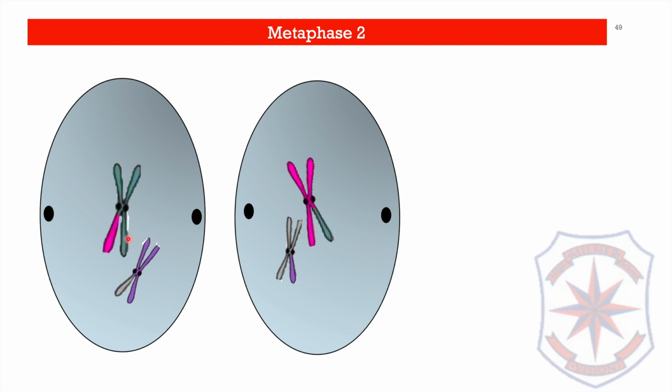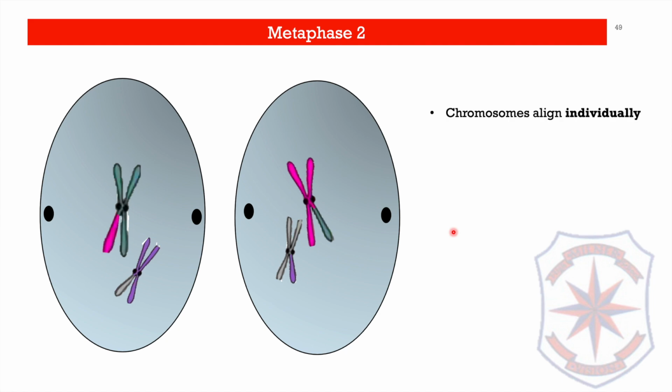As you can see, they are not in homologous pairs. There are different sizes in each cell, therefore they are not homologous. They are arranged individually. And as you can see, we no longer have the nuclear membrane. It has disappeared. And another thing, the centrosome has split to form centrioles, which are at the poles.